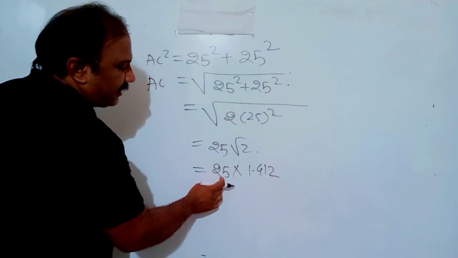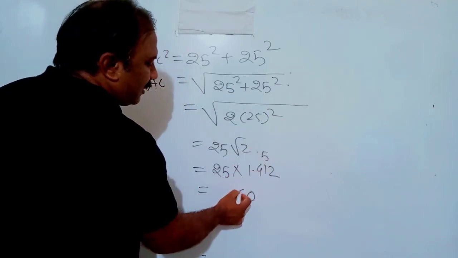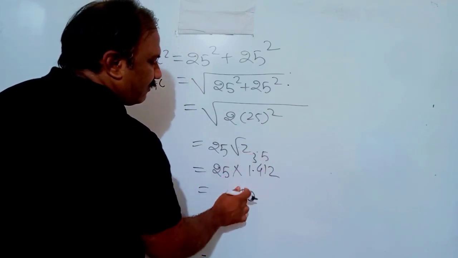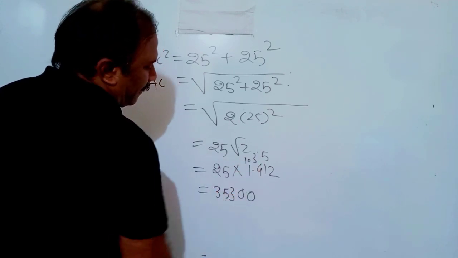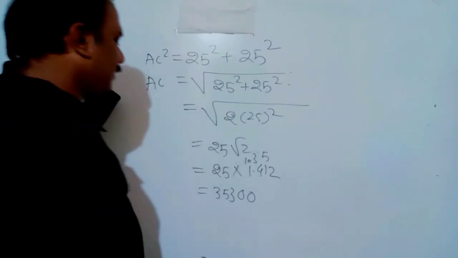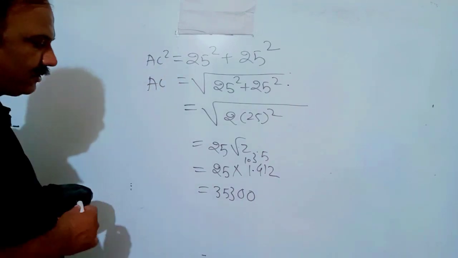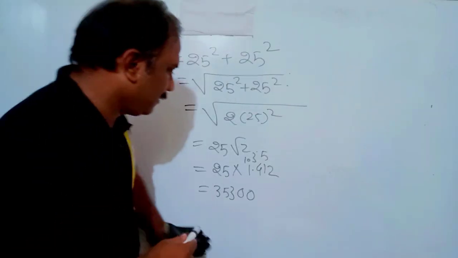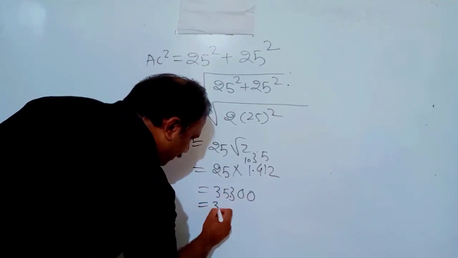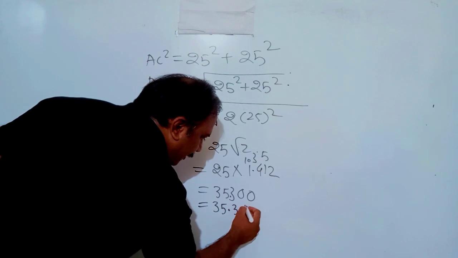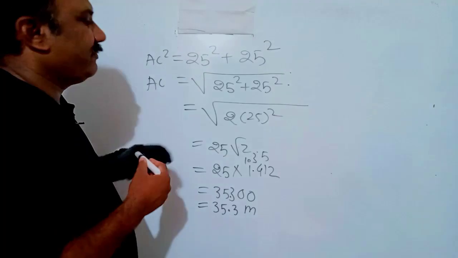After multiplying, it is 35.300, so it is 35.3 meter. So this is the displacement of the boy.